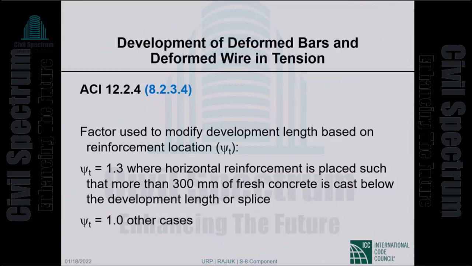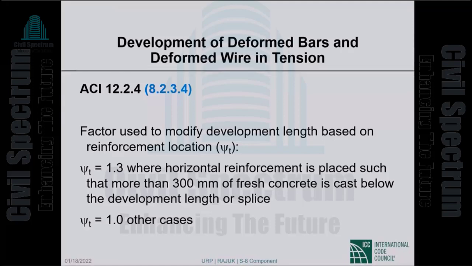If you have a top bar, psi sub T is 1.3. The required development length goes up because of bleeding water that goes to the surface. The reinforcement is bonding with inferior concrete. That's what it boils down to. If it is other than top bar, we never use the word bottom bar. So it's top bar and other than top bar. Then psi sub T is equal to 1.